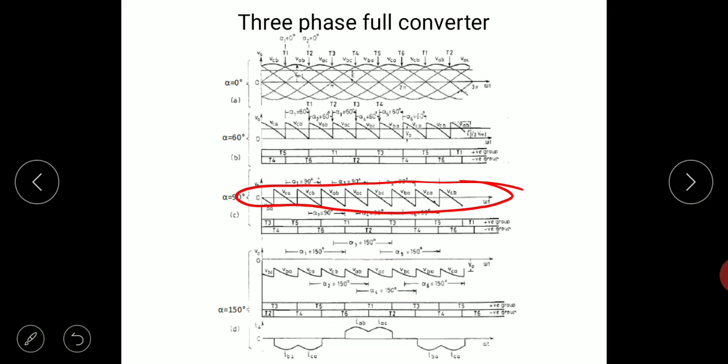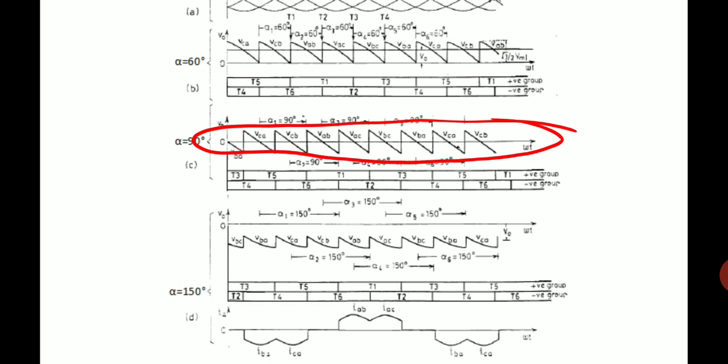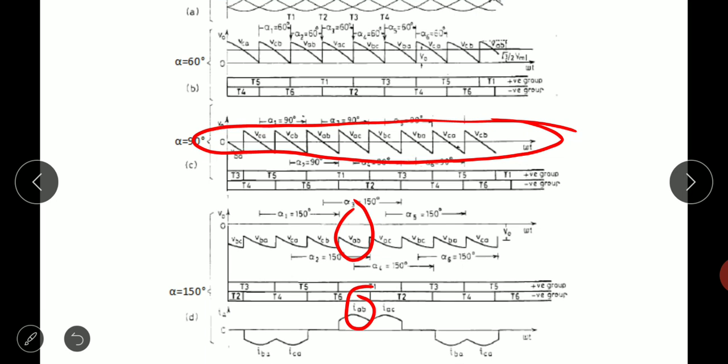We have seen in our single phase converters that load current is always positive, whether the voltage is negative or positive. So if voltage is VAB, the positive current IAB will flow. If voltage is VAC, positive current IAC will flow, and so on. So if you talk about current, this is current flowing through A phase.